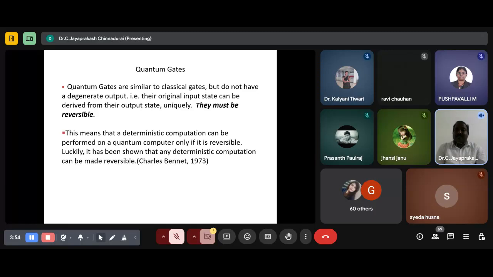The original input state can be derived from the output state uniquely. They must be reversible. This means deterministic computation can be performed on quantum computers only if it is reversible. Luckily, it has been shown that any deterministic computation can be made reversible. So I think you understand what a quantum gate is.